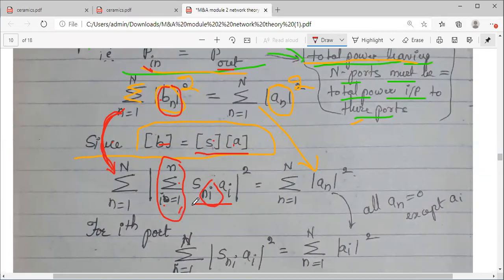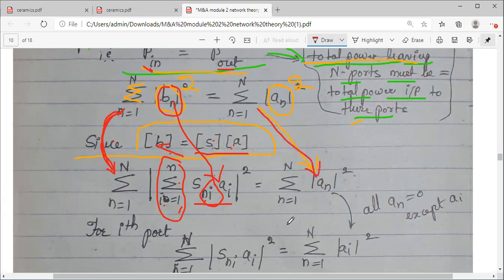Because B is equal to S into A, here instead of B, I have written S into A, and there is one extra summation indicating generally multi-ports. And RHS I have kept as it is.